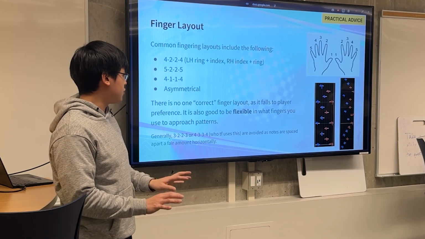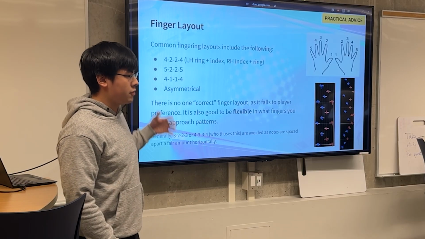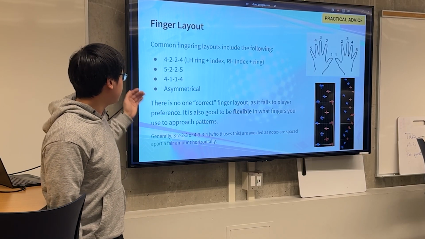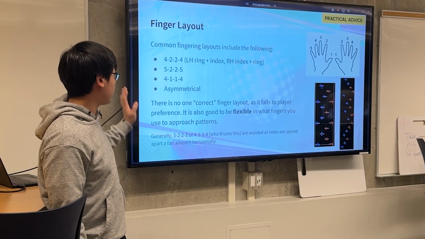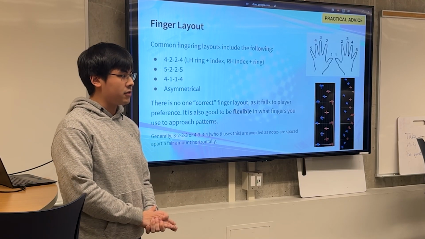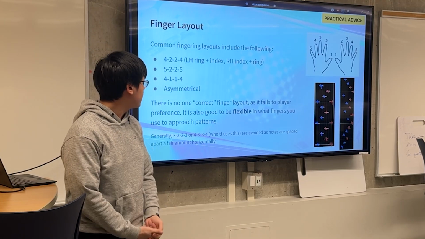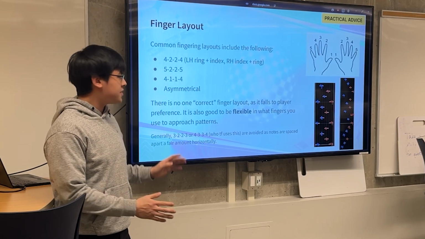This is a very common, comfortable layout for people. Also 5-2-2-5 is common, 4-1-1-4 I've seen as well, or some players have an asymmetrical pattern. There is no one correct finger layout because it does eventually all fall to player preference. But this is not exhaustive.